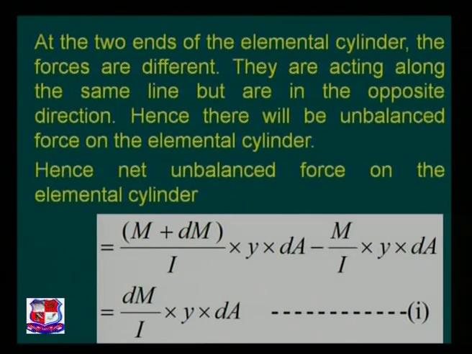The net unbalanced force on the elemental cylinder we can obtain by subtracting the two values, that is M plus dM by I into y into dA minus M by I into y into dA. If we simplify this, we get the net unbalanced force on the elemental cylinder equal to dM by I into y into dA. That is our equation number 1.